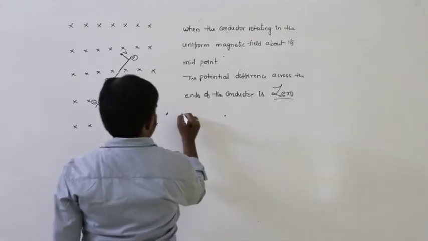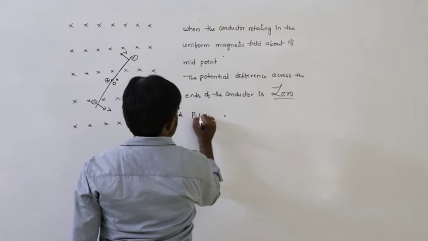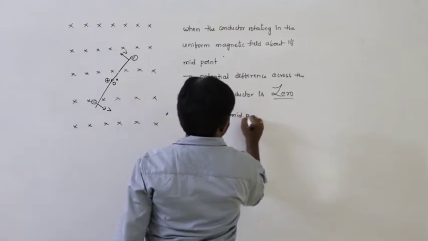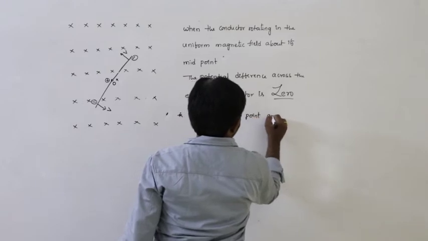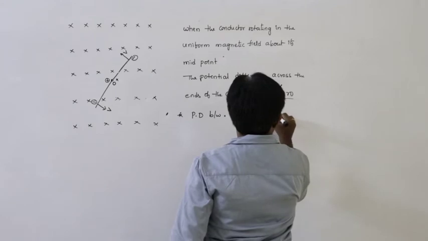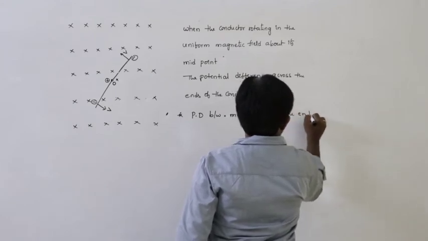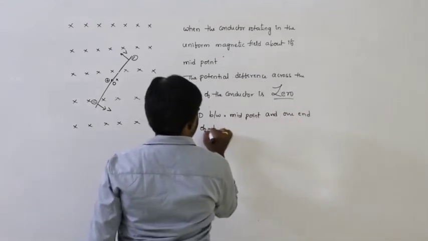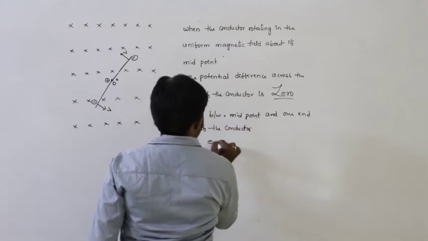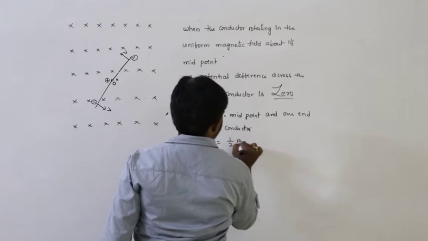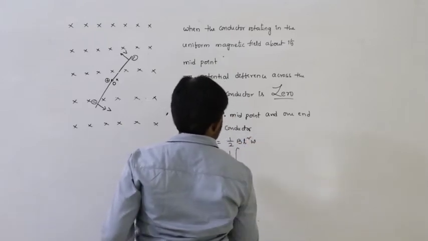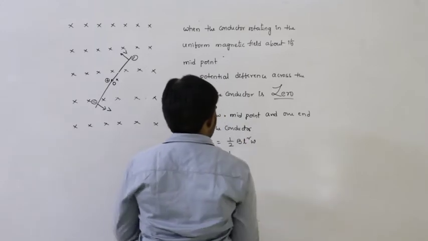Next, the potential difference between the midpoint and one end of the conductor. E equals, by the general formula, half B L square omega, but what is the length of the conductor here?